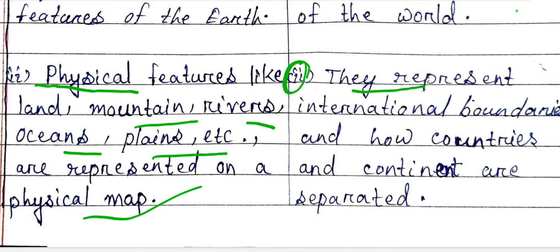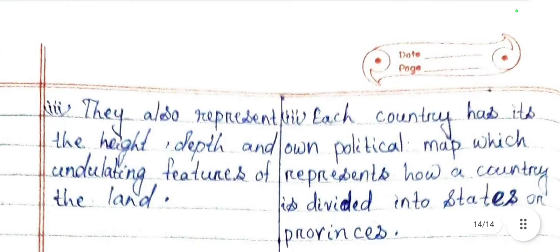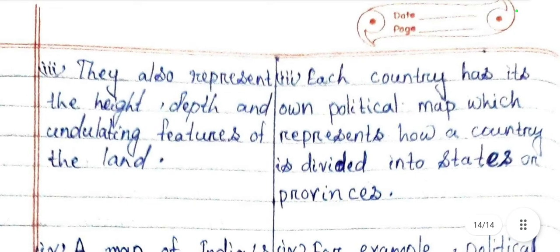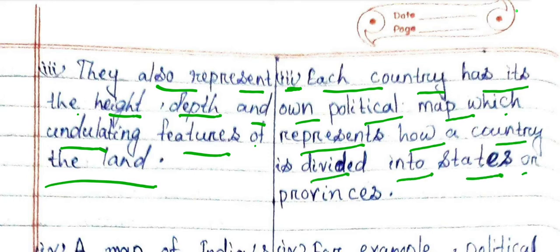Second point, they represent international boundaries and how countries and continents are separated. The next point is, they also represent the height, depth and undulating features of the land. Then third point, each country has its own political map which represents how a country is divided into states or provinces.